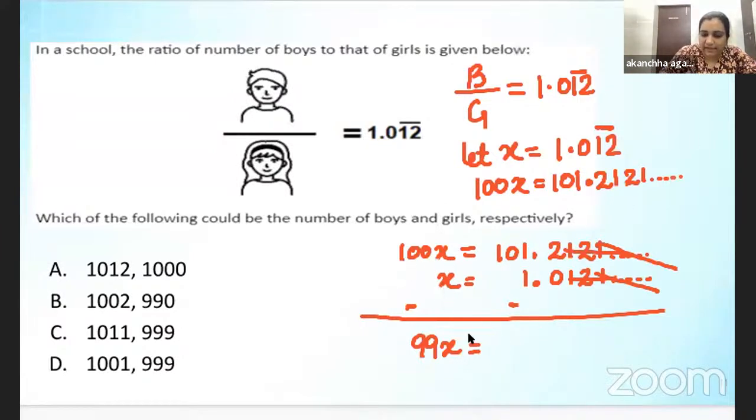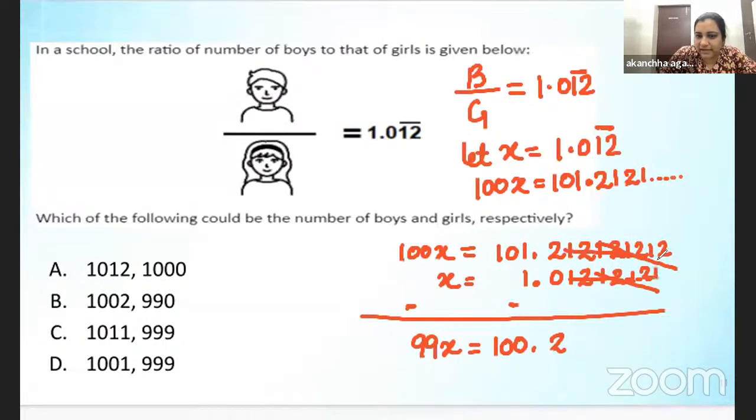So 100x minus x is 99x. And here what we'll get is 100.2. Someone is asking, can we cancel it from the whole number? No, see, I want to tell you why we could do this. Because it's 1, 2, 1, 2 repeating the same way, we'll get the same digits.